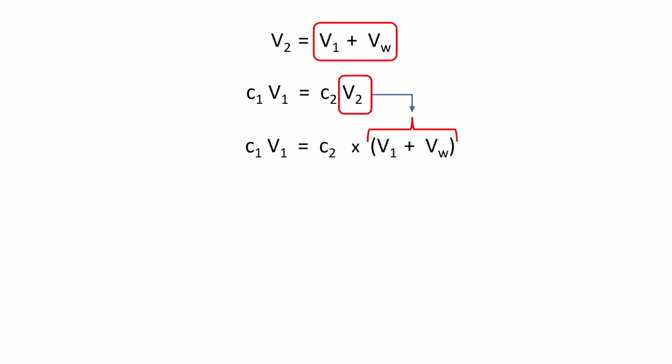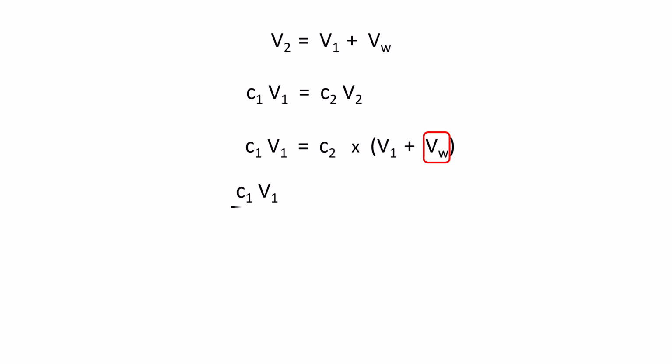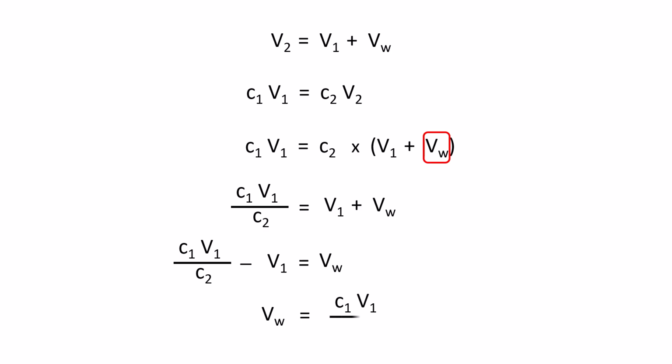Our goal here is to isolate VW, so we divide both sides of the equation by C2 and then subtract V1 from both sides. Finally, we switch the sides to give the equation the conventional form of having the variable we are solving for on the left-hand side. Obviously, you do not need to memorize this formula because it can be derived as needed.